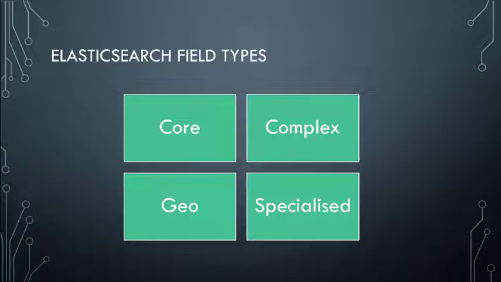Complex, which are, like the name suggests, more complex data types and can be composed of objects made up of the other data types.